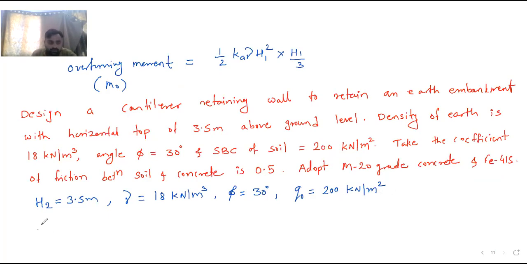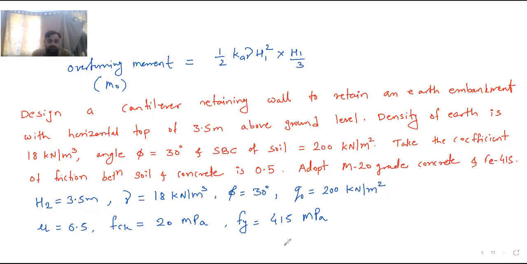Mu is equal to 0.5. fck 20 Newton per mm square. fy 415 Newton per mm square. So this is the given data. Now by using this data, we need to design the retaining wall.